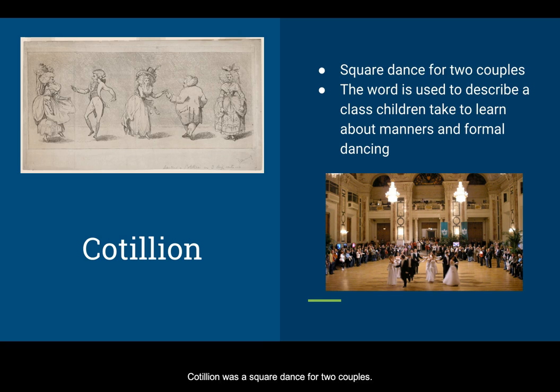The cotillion was a square dance for two couples. Square dance refers to the fact that couples began facing each other, forming a square. Today, the word cotillion is used to describe a class many children take, designed to teach them about manners and formal dancing.